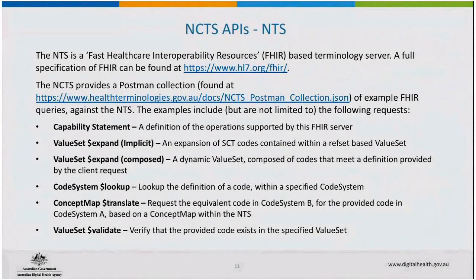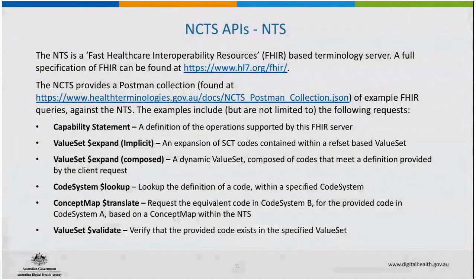So probably one of the core operations you'll want to use, certainly the most frequently hit one within the NTS, is a value set expansion. The value set expand operation provides an expansion of codes that are contained by a value set. That means when you expand a particular value set, you get back a listing of concepts and their descriptions that are contained within that subset of data.